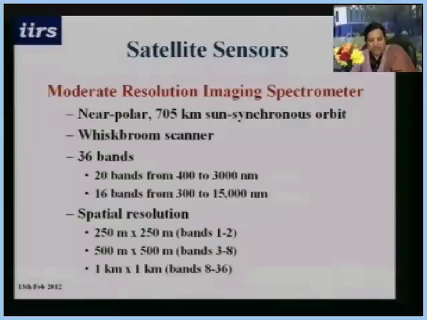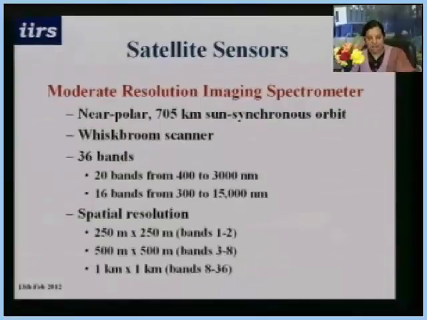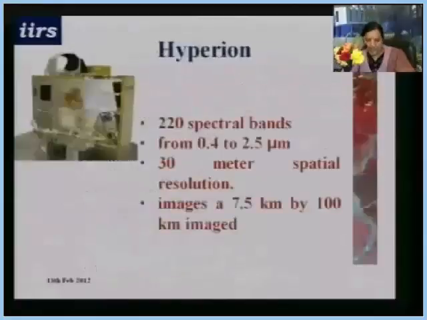So if you would like to have all 36 bands, then 1 kilometer spatial resolution is there to provide you data in all 36 bands. So it has a coarse spatial resolution, but it has large number of bands which are slightly contiguous in nature.